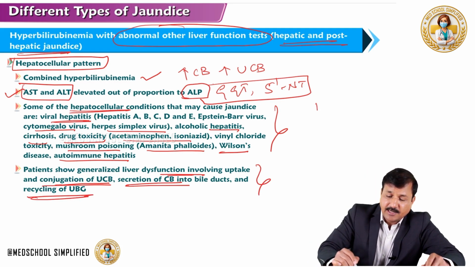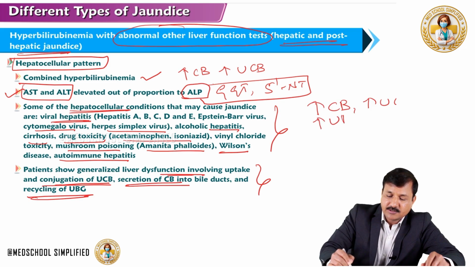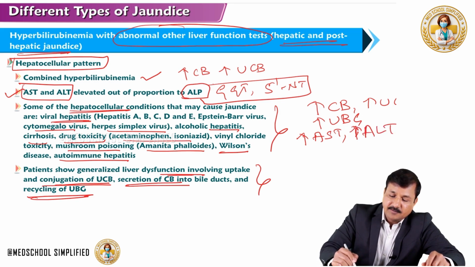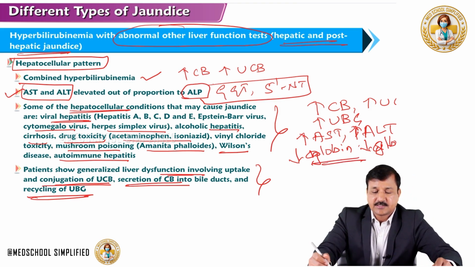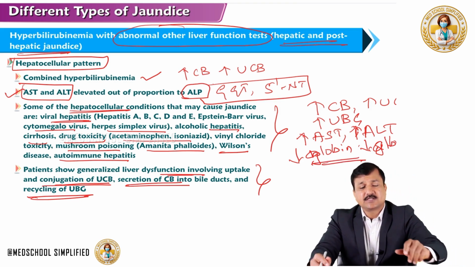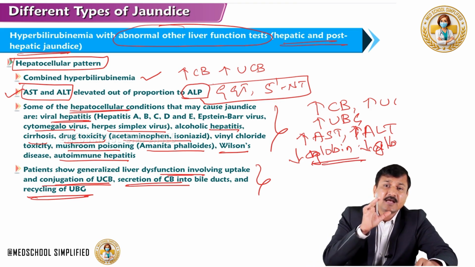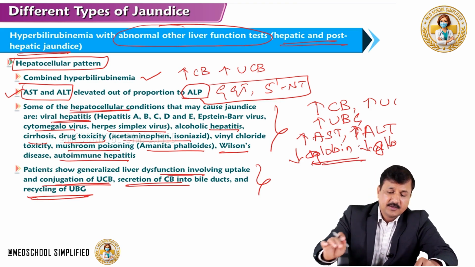So there will be a rise in CB, a rise in UCB, a rise in UBG (urobilinogen), an increase in AST, and an increase in ALT, alanine transaminase. It may also show a decrease in albumin and globulin, indicating liver function is decreased. These are some of the findings that you see in the hepatocellular pattern of jaundice.